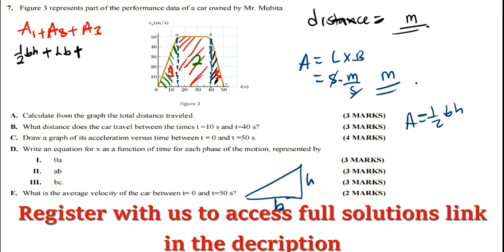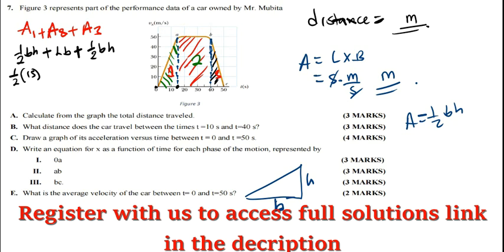Then area 3 is also a triangle, half BH. So if I start plugging in the values here, we can clearly see that I'll have half. My breadth here is from 0 all the way to this point here, which is 15. Then what is my h?